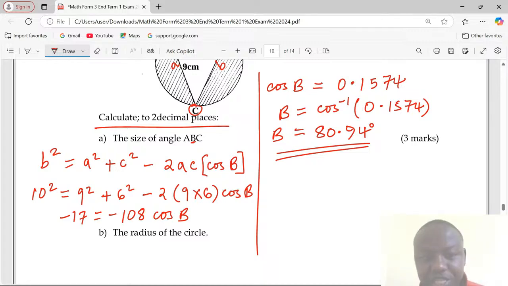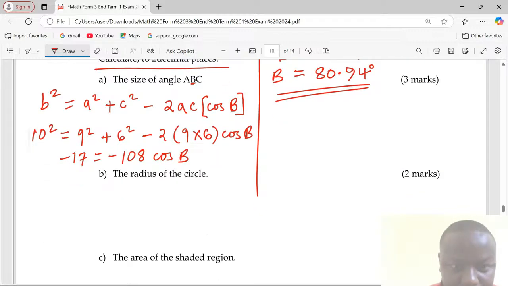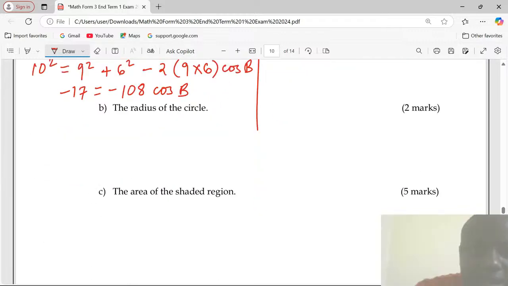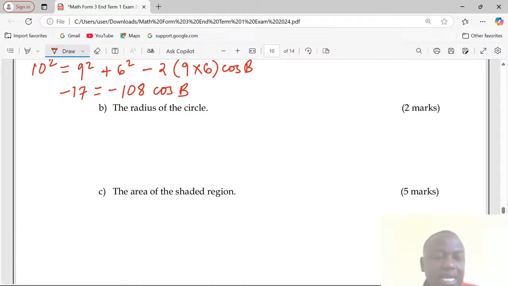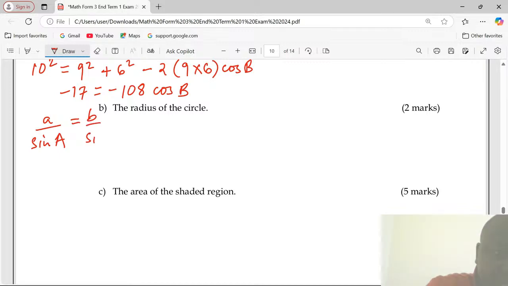80.94. Good. Part B now. We're also finding the radius of the circle. Twice the radius is equal to what we call the sine rule. The sine rule says when we take a, divide by the sine of A, we get the same as b divided by the sine of B, c divided by the sine of C. And this is the same as twice the radius of the circle.